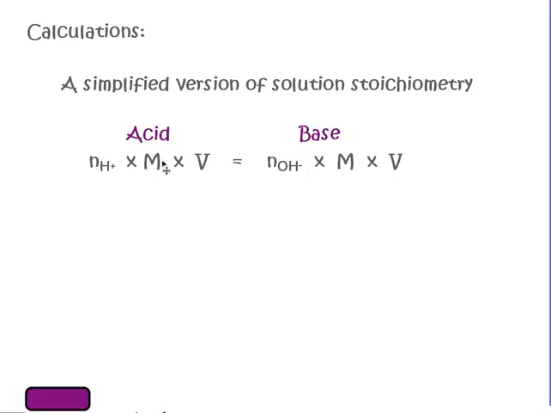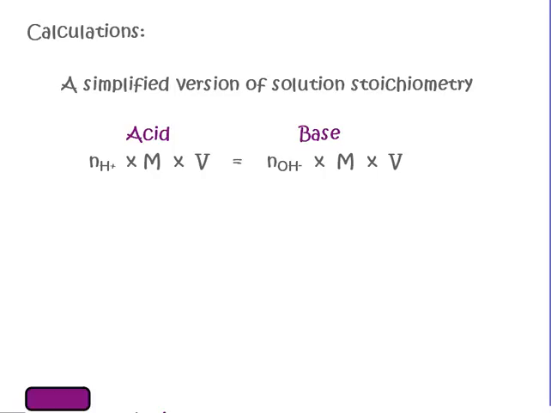So either the acid will have a known molarity, or the base will. In either case, we'll know what the volume is for both of them. And then this little n with the hydrogen and n with the hydroxide stands for how many hydrogens and hydroxides are in that particular compound.